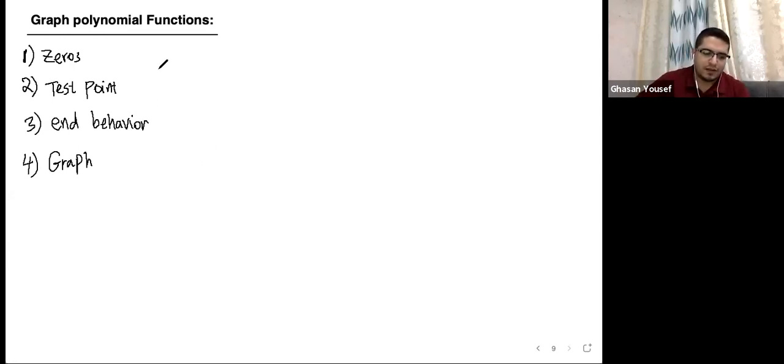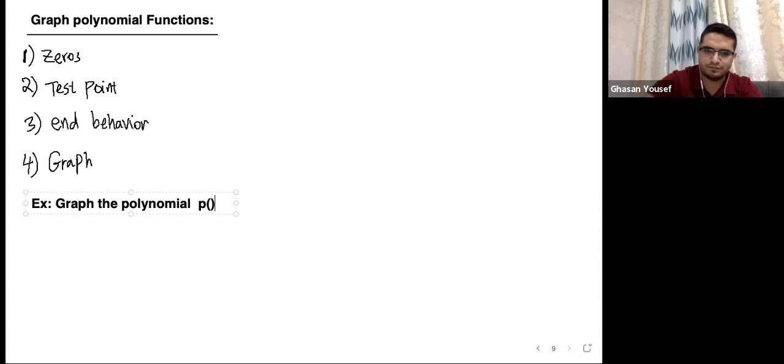Okay, let me give you an example, and we're going to use these steps to graph the polynomial function. Example: graph the polynomial b of x equals x plus 2, parentheses x minus 1, parentheses and x minus 3.